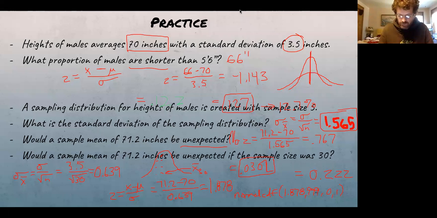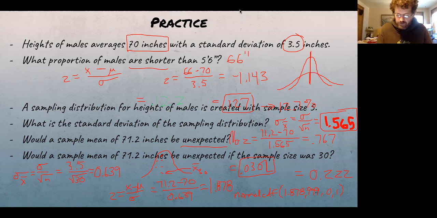Knowing that, it would be very, very unusual. In fact, only 3% of the time would you expect to find 30 random males, get their average height, and find that it's 71.2 inches, almost 6 feet tall. So most of the time it would be lower than that.